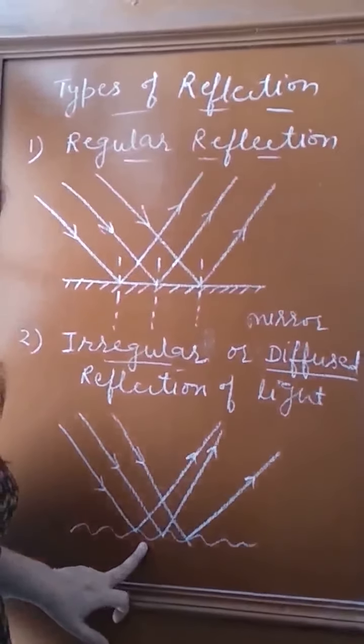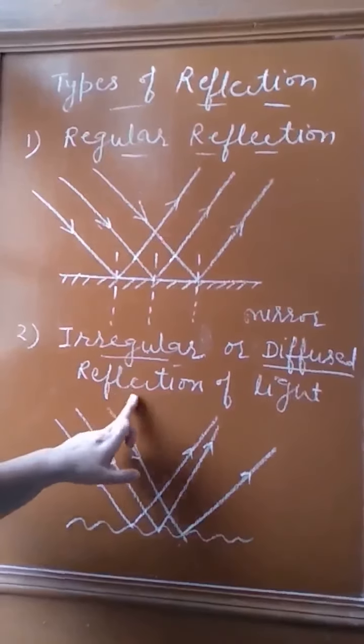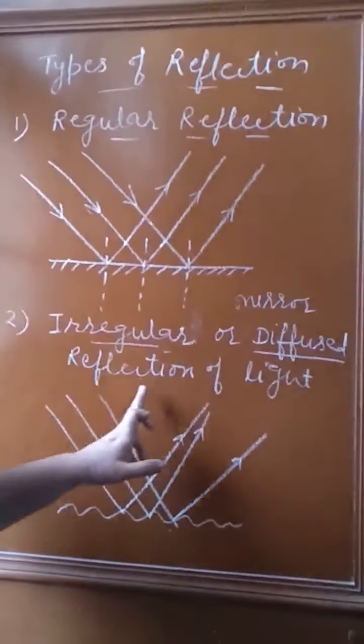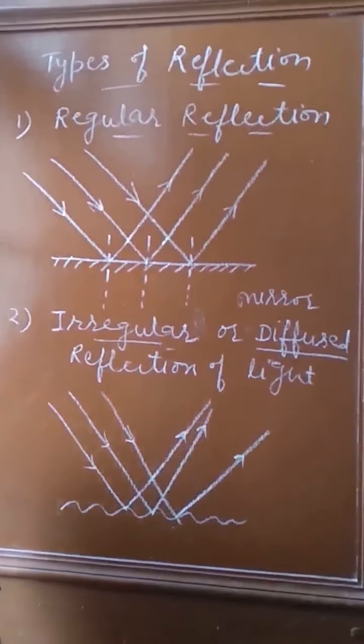These are not parallel to each other. This is called irregular or diffused reflection.